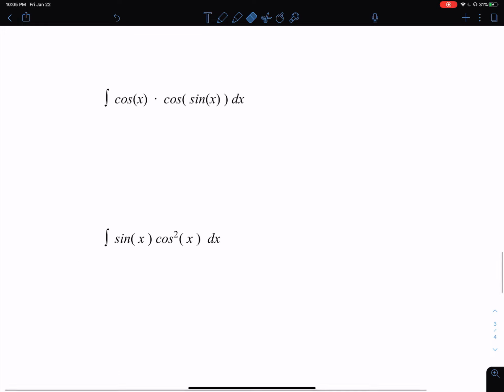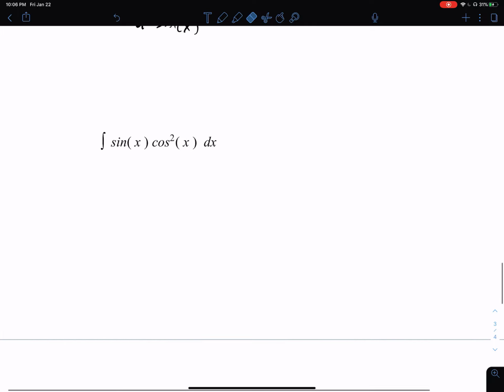This one's a little bit tricky. But you have the cosine of sine of x times cosine of x. So what I would do is I would probably make this my u, because when you do the derivative of that, you get cosine, so then the cosine will get canceled out. So that's why I would do u equals sine of x. That's how you have to visualize this.